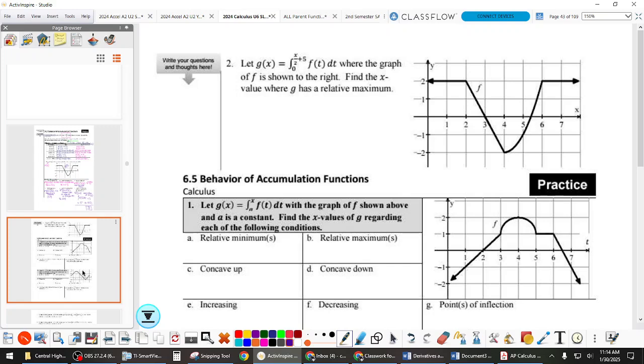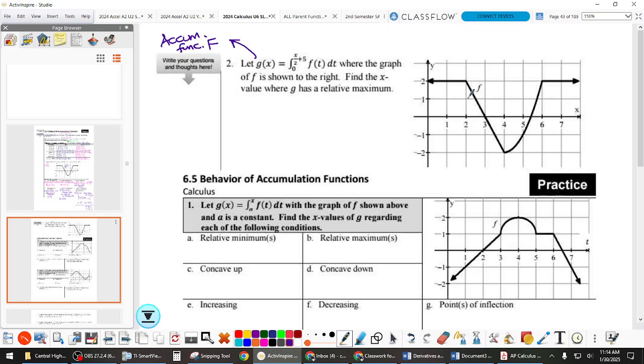So we have this, again, they're using g for the accumulation function. And we have this graph. Let's point out for Aiden that it's f, just teasing.